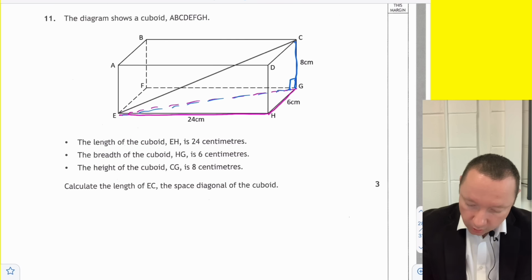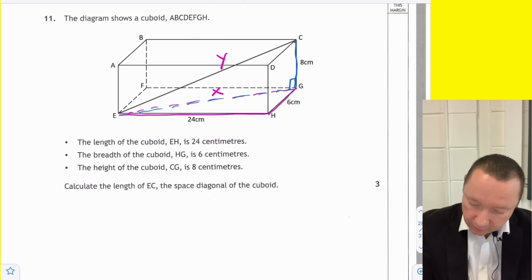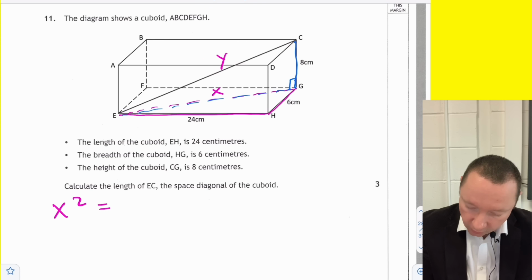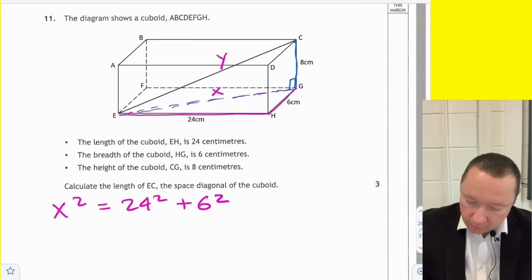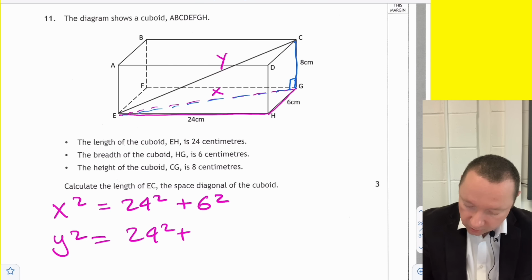So if I call that x and I call this y, I can say that x squared equals 24 squared plus 6 squared. And then I'm going to use that plus that to get y squared. So in other words, y squared equals the answer to this, 24 squared plus 6 squared, plus the extra 8 squared.